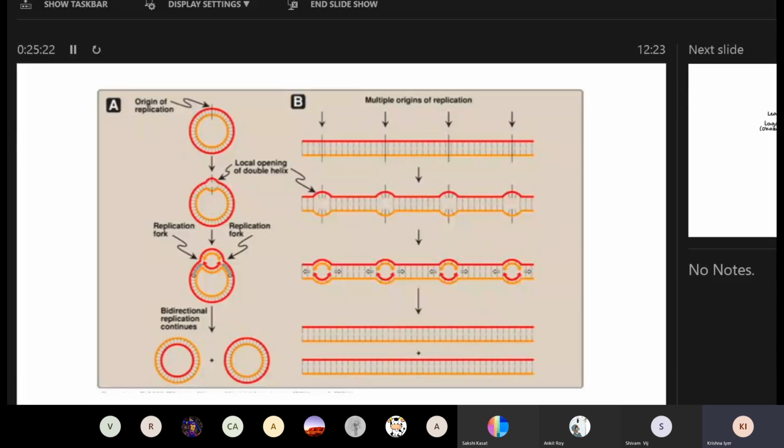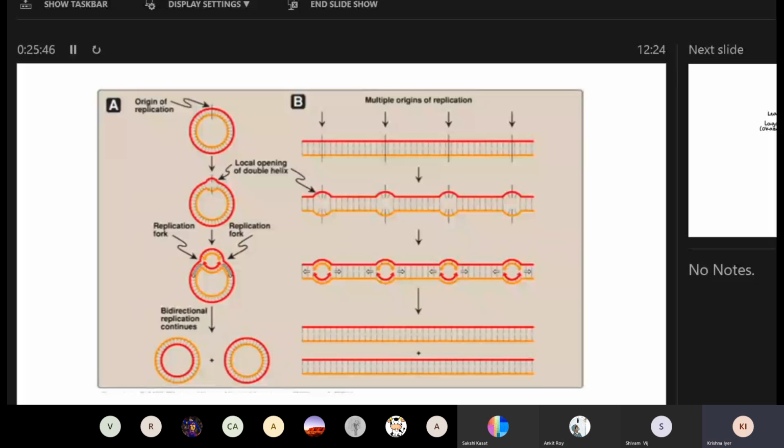That was replicated inside with a new strand. And its partner, shown here as orange, is on the inside, and the newly replicated strand, shown in orange, is outside. So these are the two parent strands, the outer red one and the inner red one, and these are the replicated strands.